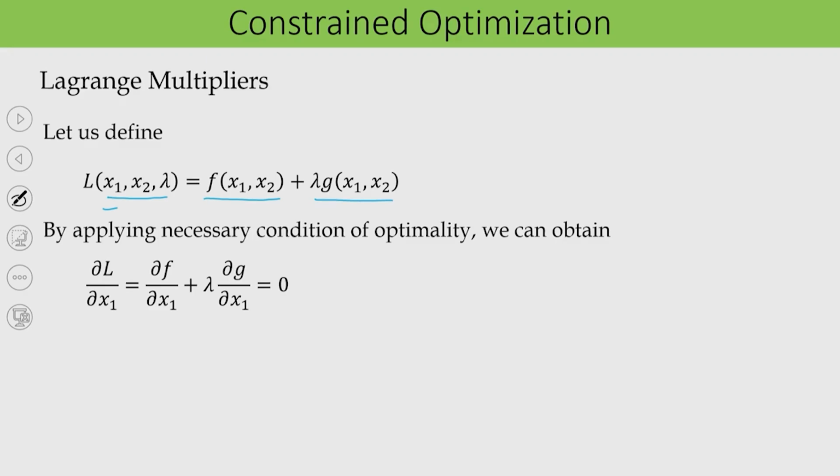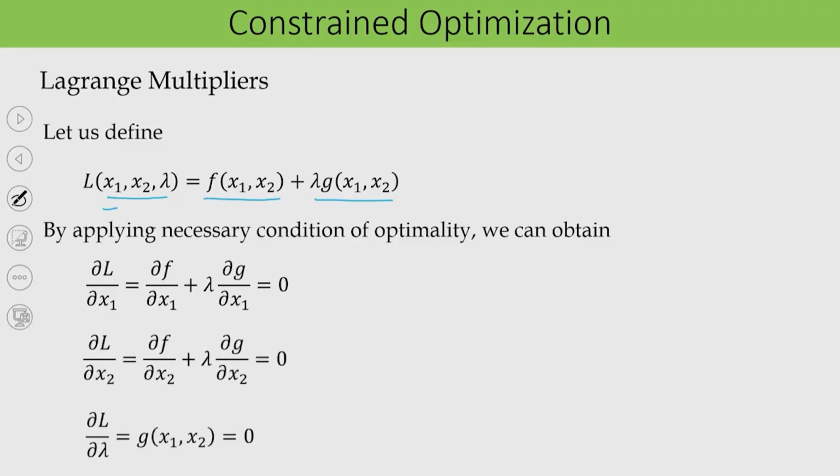If I do that, I get del L by del x1 equal to del f by del x1 plus lambda del g by del x1. Please recall the previous slide, we also got the same equation, but here we are finding it from the Lagrange function. Similarly, I can take the derivative with respect to x2: del L by del x2 equals del f by del x2 plus lambda del g by del x2 equal to 0.